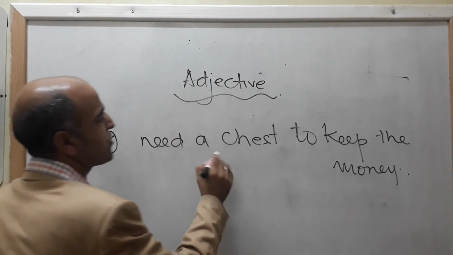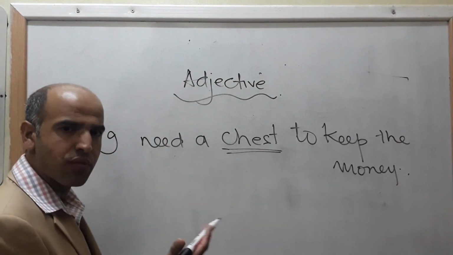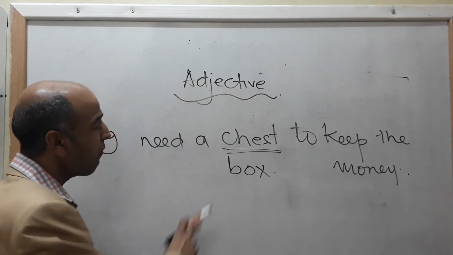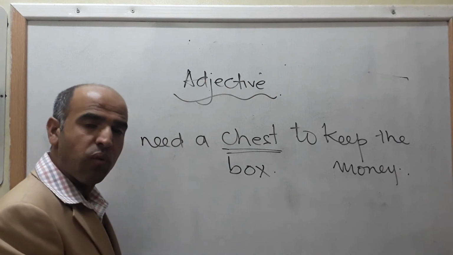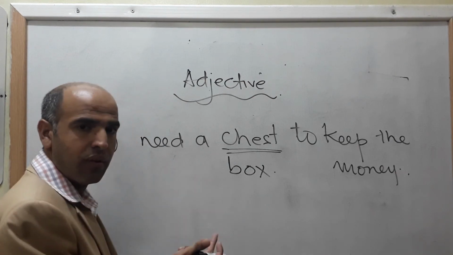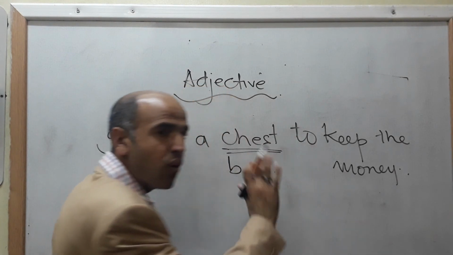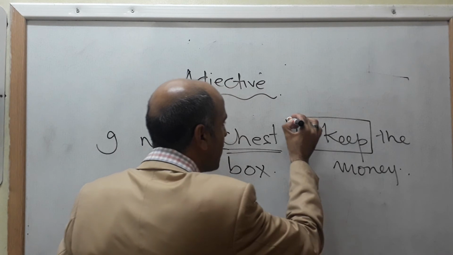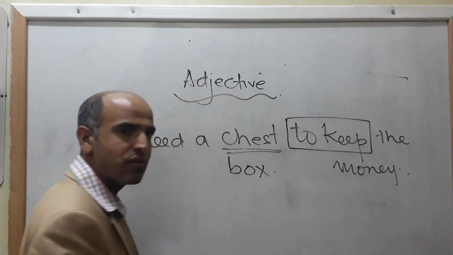Now in this sentence, chest is your noun. I need a chest. For what? To keep. रखने के लिए. So to keep is your infinitive, and it is providing additional information about your noun, that is chest.